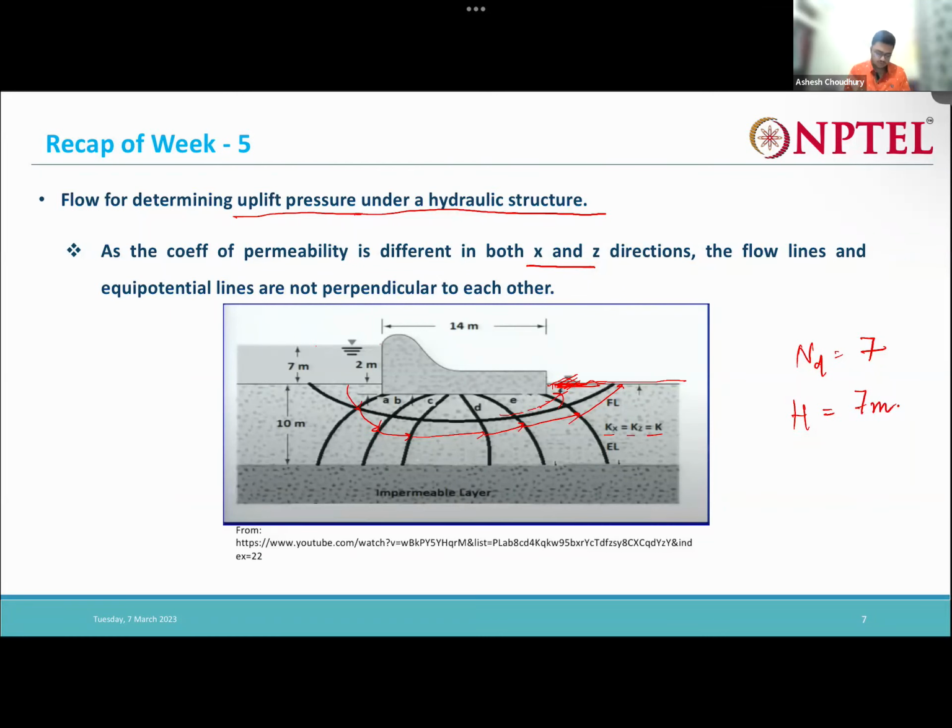In each equipotential drop, what will be the head loss? It will be 1 meter. The total head lost from here to here is 7, and there are 7 equipotential drops. So in each drop, 1 meter of head is lost.